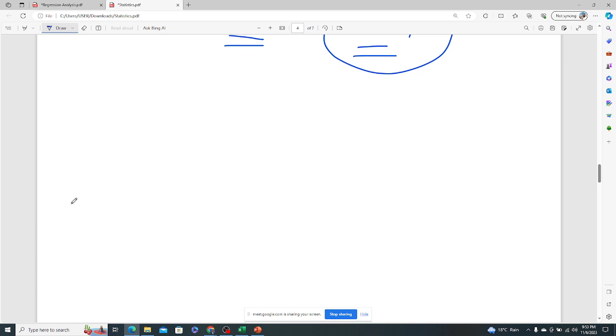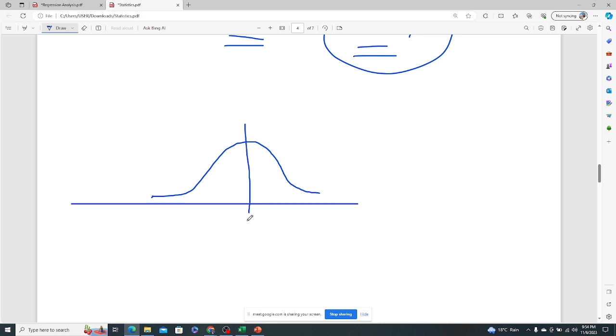For example, we might assume this is a normal distribution, the initial one, with a mean of, let's say, 60. What if we keep the standard deviation constant, meaning it is not changing, but we change the mean? We can either increase the mean or decrease the mean.